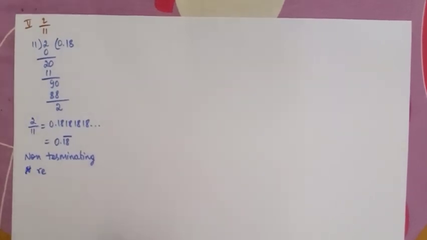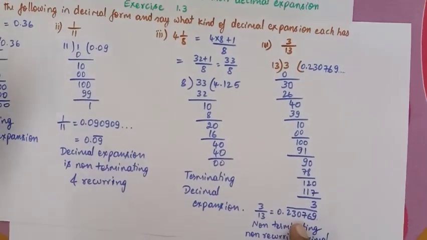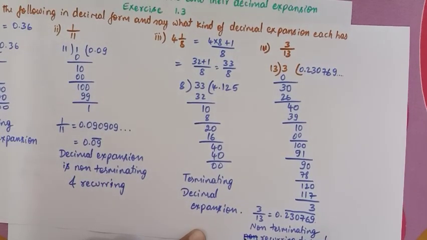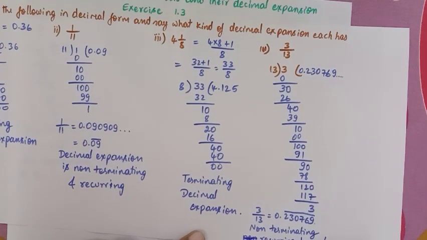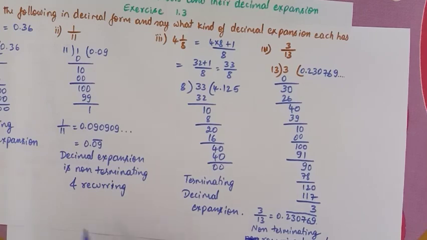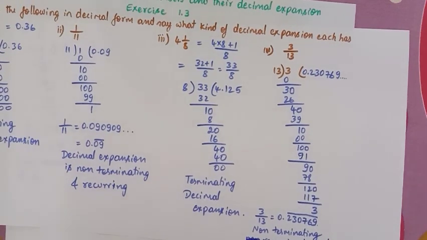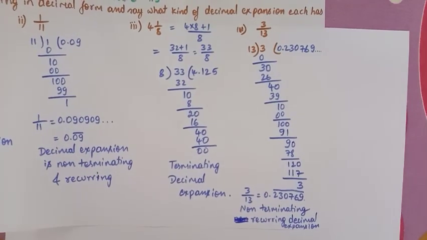Here I made a mistake. It is non-terminating and recurring, not non-recurring decimal expansion. You should be careful. I made a mistake. Let me correct it now. Recurring decimal expansion.